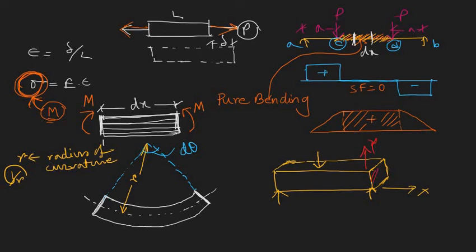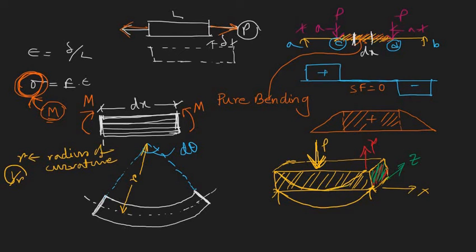So this is the 3D shape. Here the y direction is marked in red. This is not the xy plane, because this is another dimension, that is z, so this is the yz plane. We have the xy plane here, and we are applying the load along this plane, so definitely the beam will bend in the xy plane only.